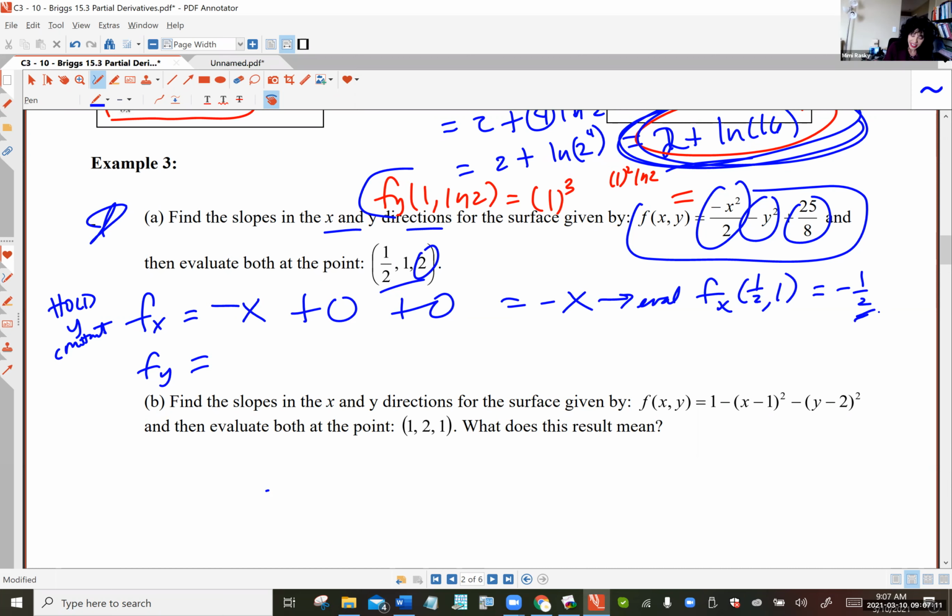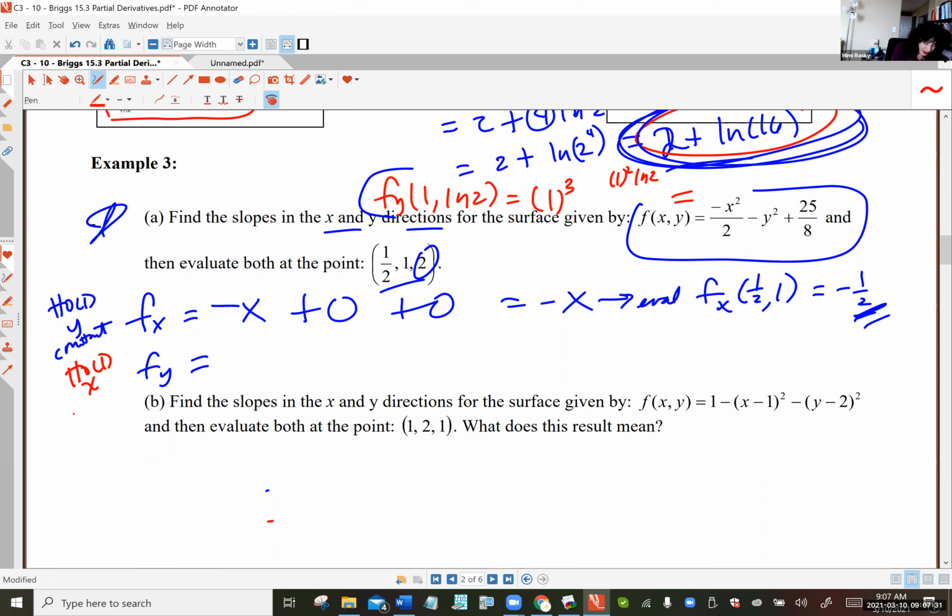Now this is a negative slope, which is good if you're into skiing, because that means you could ski in the positive x direction. You'll be going downhill, not uphill. For Fy, you hold x constant and take the derivative with respect to y.